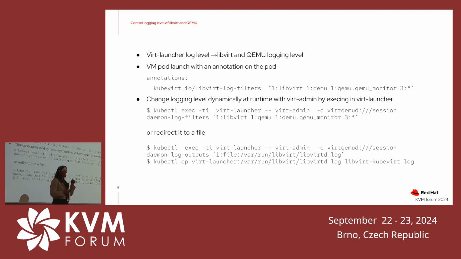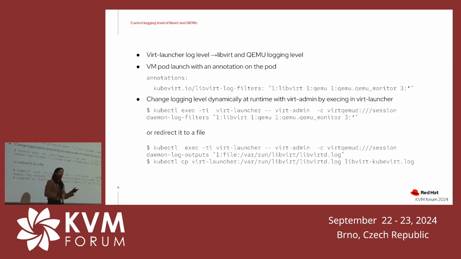KubeVirt works using annotations. An annotation is a very generic mechanism to customize and pass additional information to a pod. KubeVirt has this annotation, libvirt log filters, where you can specify and tune the logging level of each component. So if you annotate your VM with this, you could increase or decrease the logging level of each component. This is done at startup time.